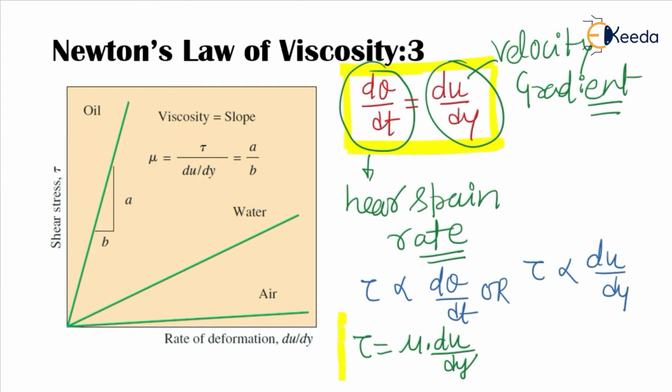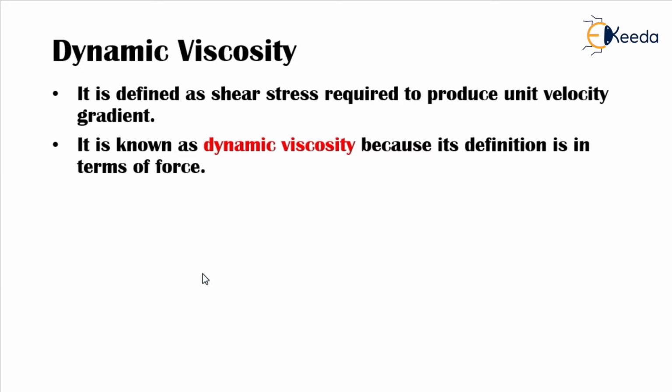Remember this, this is the expression which will be used many times, the expression for shear stress, and this mu is actually known as dynamic viscosity. So let me write it for you once again. Tau is equal to mu du over dy.